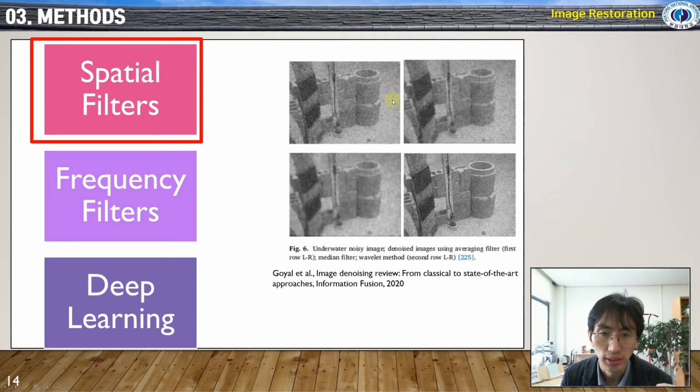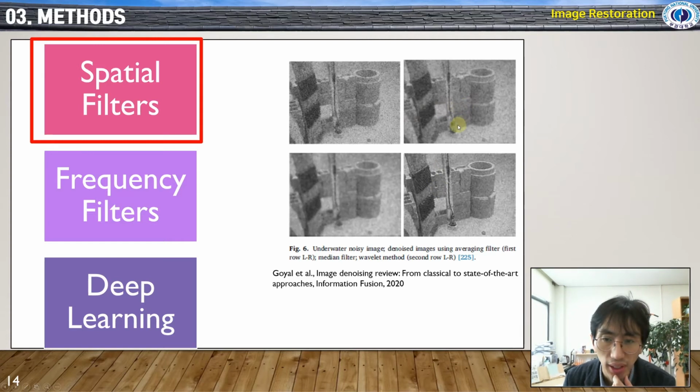See, this is an image with lots of noise, and the noise can be reduced using such a spatial filter. As you see, the image is becoming clear. Sorry, the first one is not the spatial filter. This is the frequency filter.